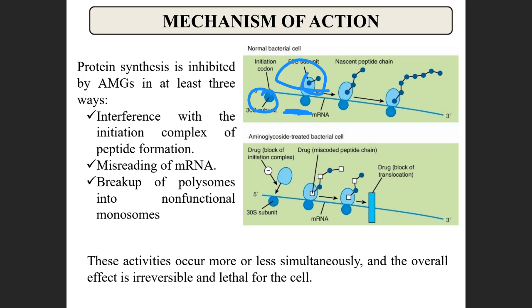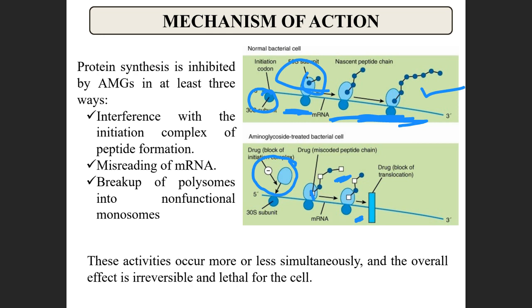And this is the normal case where the protein is forming, and this is helpful for bacterial cell growth. But here it is blocking the binding, and here this is the miscodon. These are the square boxes I am talking about, and here this is stopping the translocation.